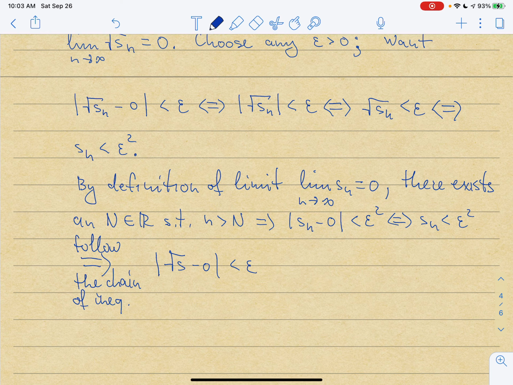Right? So once again, I did this scratch work here, which establishes that saying this is equivalent to saying that Sn is less than epsilon squared.